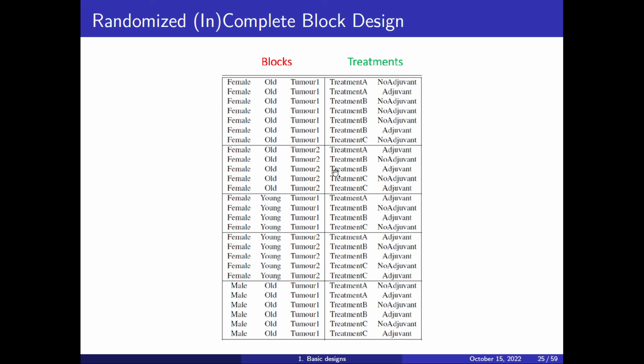So not all the blocks need to have the same size, and not all the blocks should have a balanced application of treatments. So you see here treatment B is applied 4 times and treatment C only once, but here B is twice, C is twice. So this allocation is random.